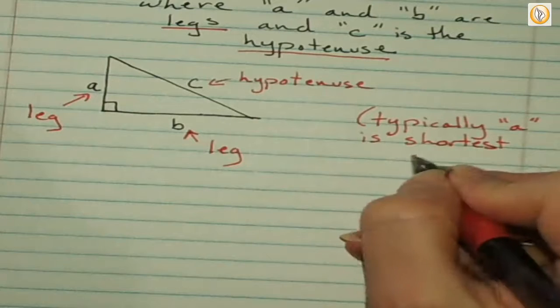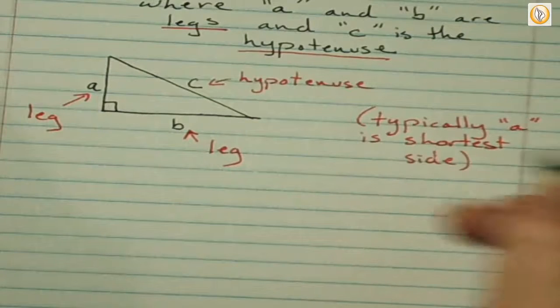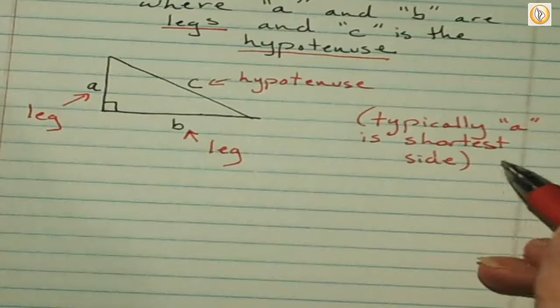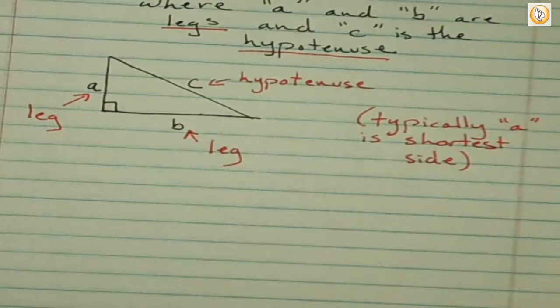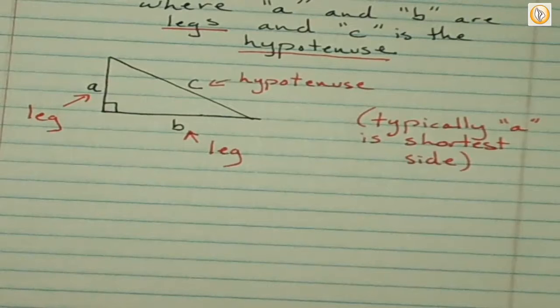Alright, so typically A is the shortest side. When doing the math though, it doesn't matter if it's A or B, but typically A is the shortest side. Okay?